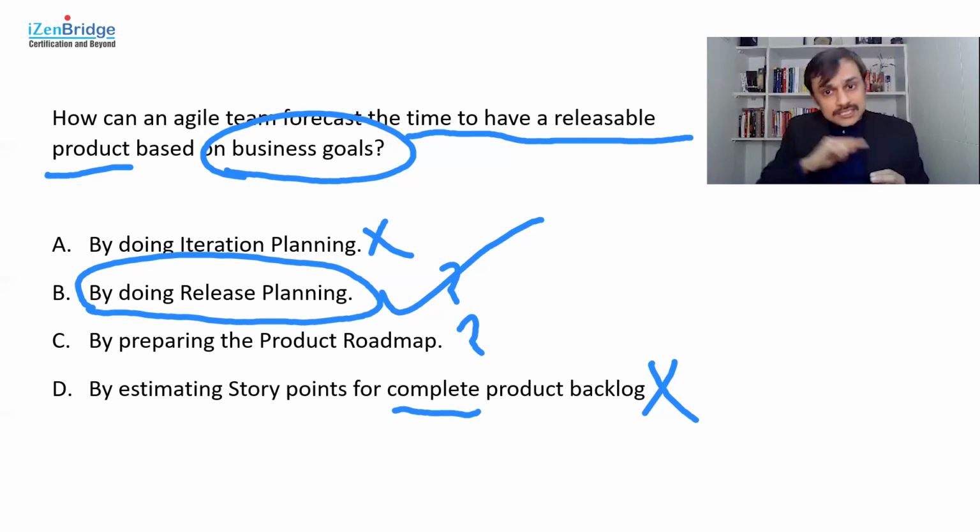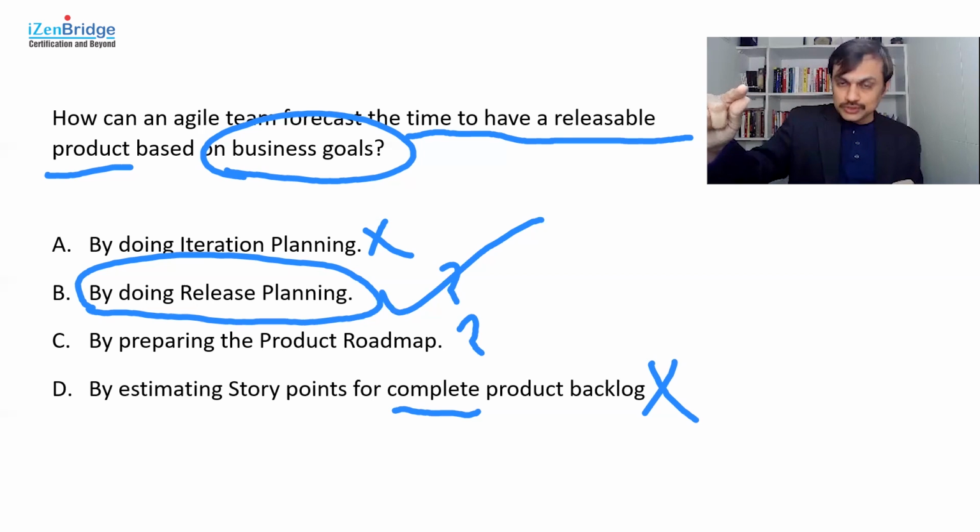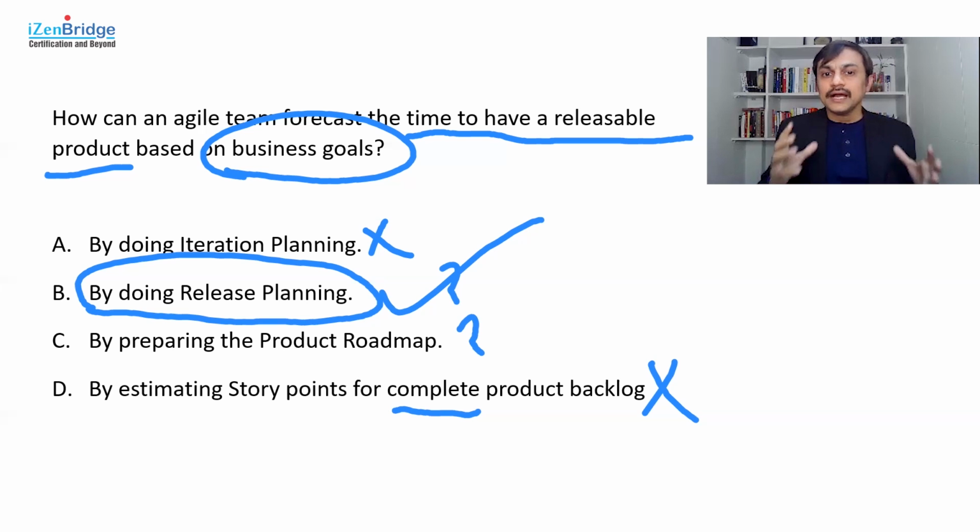So there could be an adjustment in the requirements if needed in order to achieve the business goals. So we are still adapting. We are not finalizing the scope. We are still exploring, but yes, we do focus on achieving a given business goal. And that's what we get by selecting option B in this particular question. So by doing release planning, I can achieve this goal.